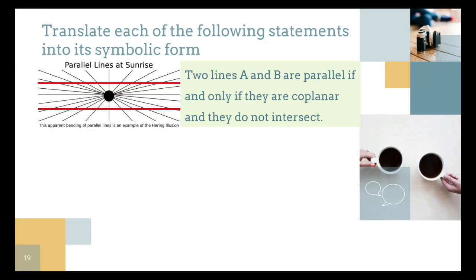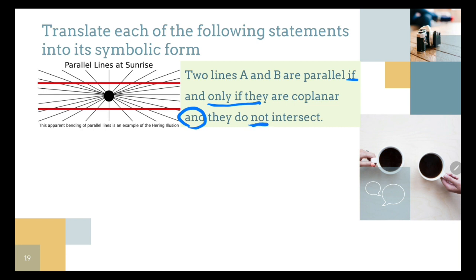Next, two lines A and B are parallel if and only if they are coplanar and they do not intersect. So we have if and only if. Then we also have the and here, and we also have the not.